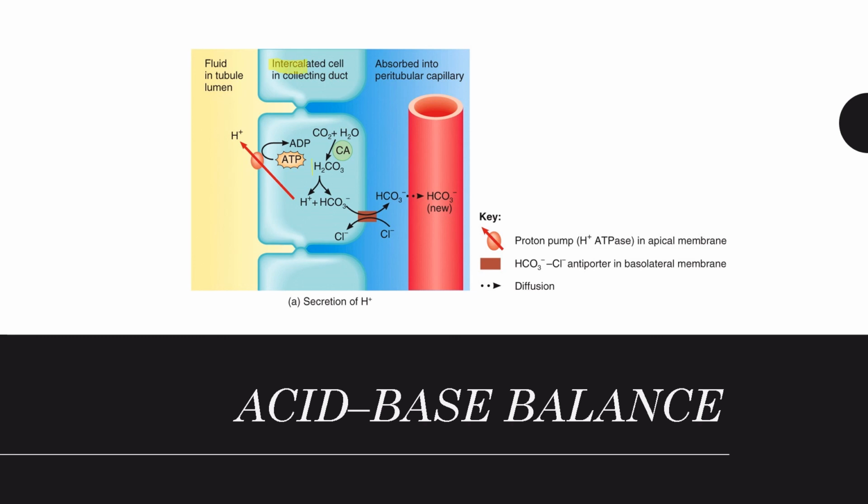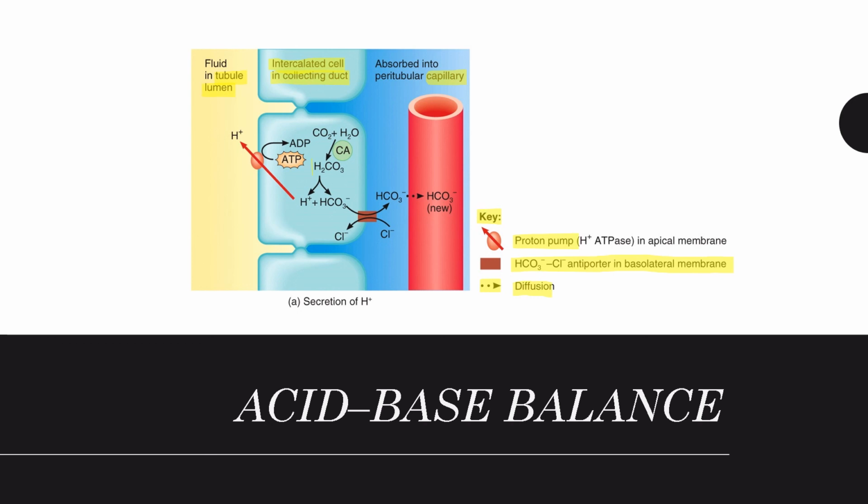We can see these individual intercalated cells in the collecting duct. On the left is going to be the tubule lumen, and on the right we have the capillary. On the bottom right we also have the key showing us what the little proton pump is going to be representing, and also the bicarbonate ion chloride antiporter, and this is going to be in the basolateral membrane, and also this little dotted arrow representing diffusion.